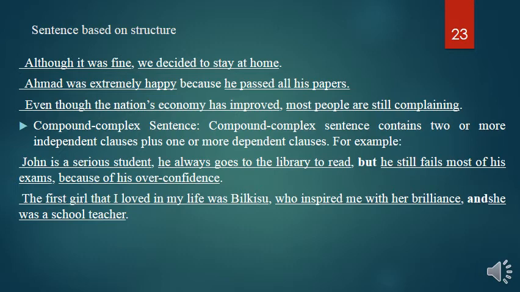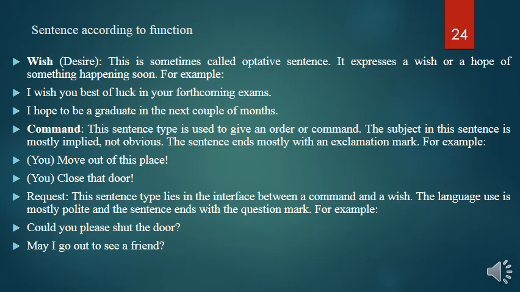And also here we can see more examples in this slide, of what I already explained in the previous slide. Like a wish, which is a desire, is sometimes called an optative sentence. It expresses a wish or hope of something happening soon.